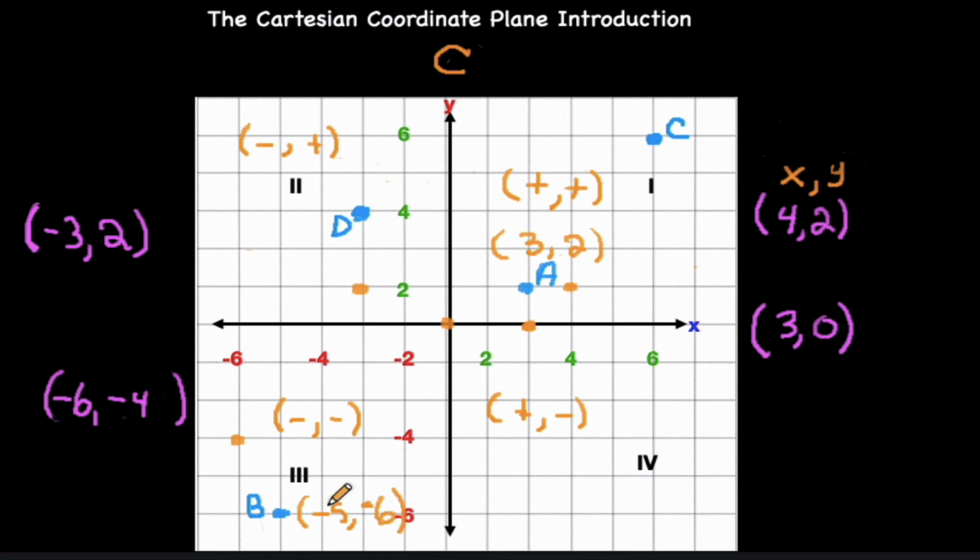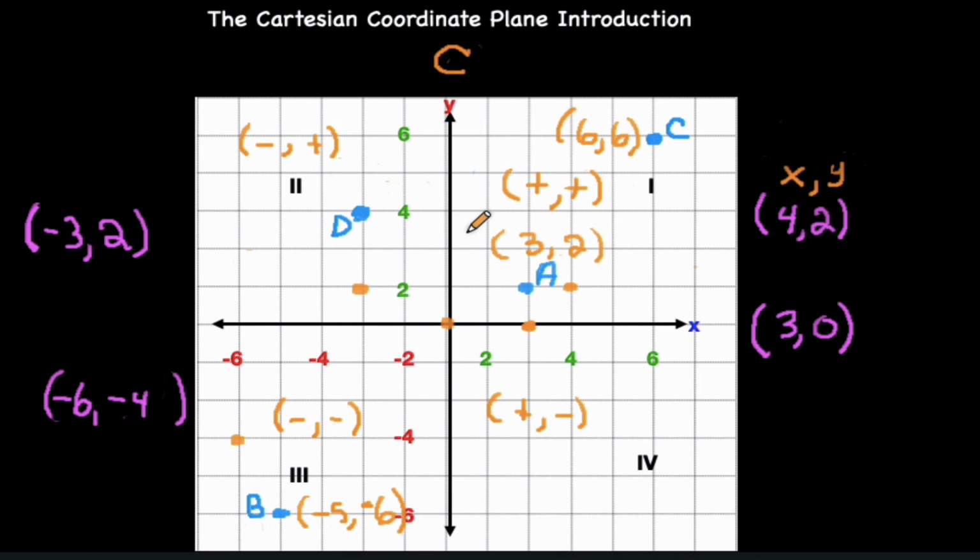So do you see that here where both coordinates are represented by negative numbers? Okay, so what about C? So C is, let's see, along the x-axis we have 6, and if we go up, it's 6. So notice both coordinates are positive.